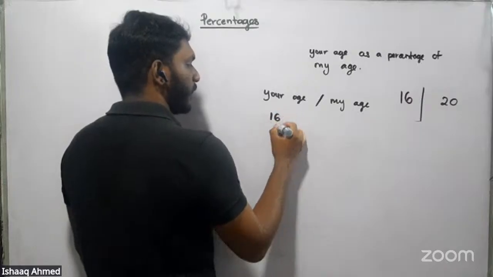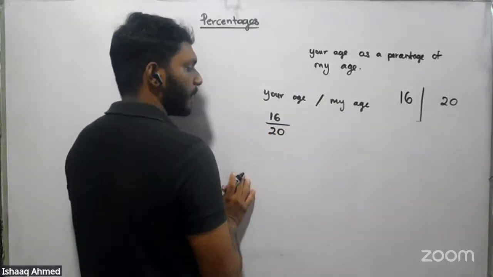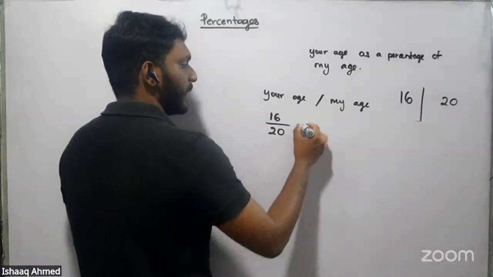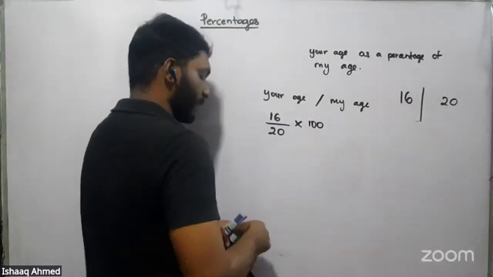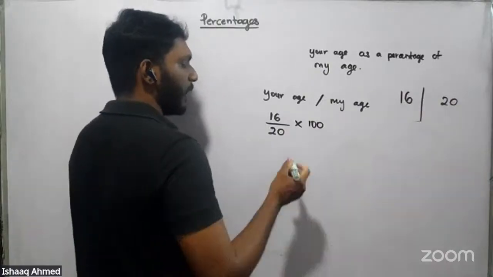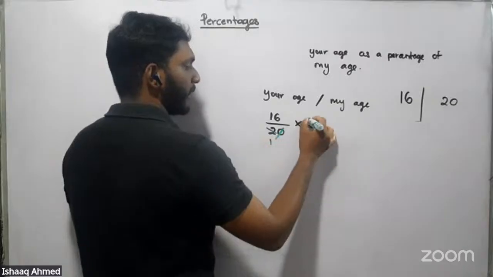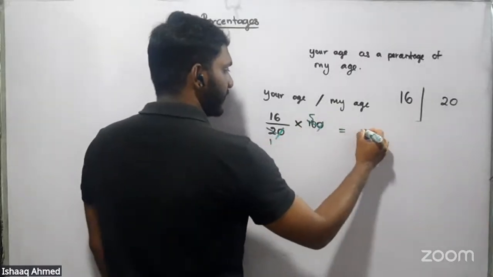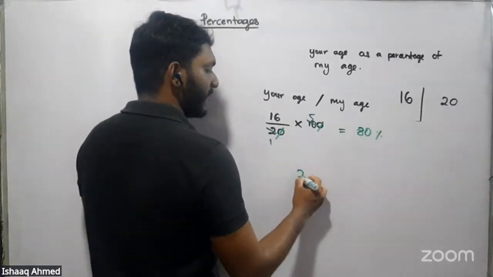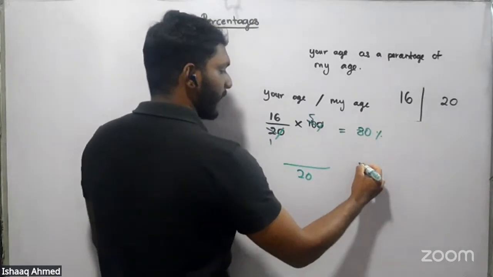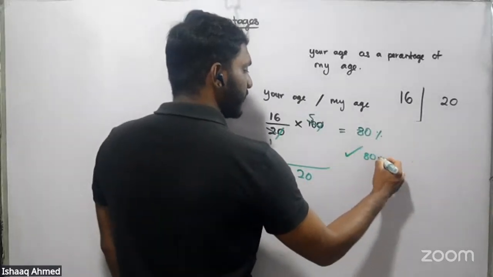First of all, you write your age as a fraction of my age, like this. Then you multiply it by 100. This is how you express it as a percentage. So how to do that? You simplify, you cut the 0 and 0, you cut the 2 and 5. So the answer is 80%. That means if my age is the total, if my age is 20, you have completed 80% of my age.